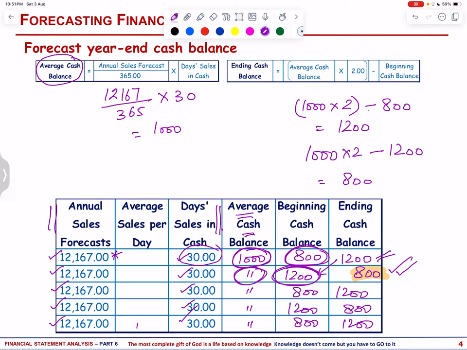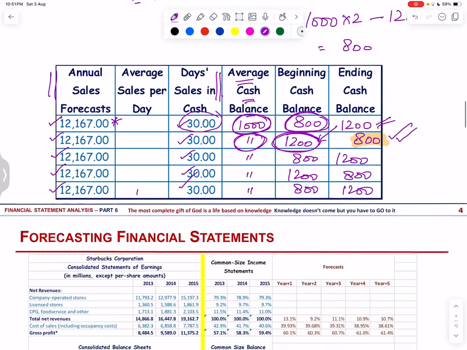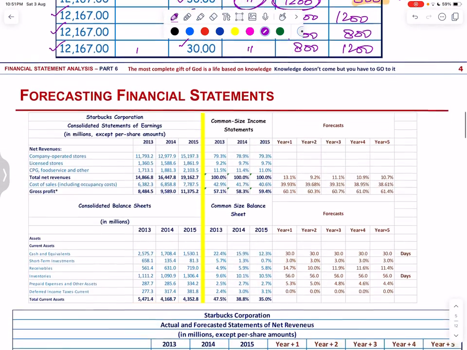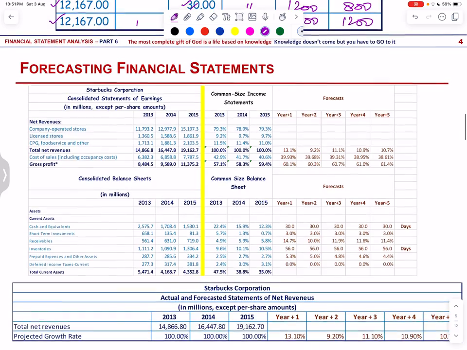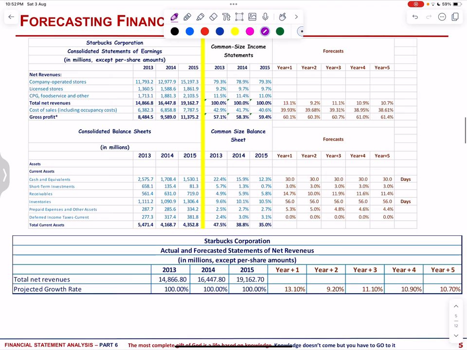Now we will project individual operating assets for Starbucks using a combination of forecast drivers, including common size percentages, growth rates, and asset turnover. First of all, we are going to determine the projected revenues for the next 5 years.